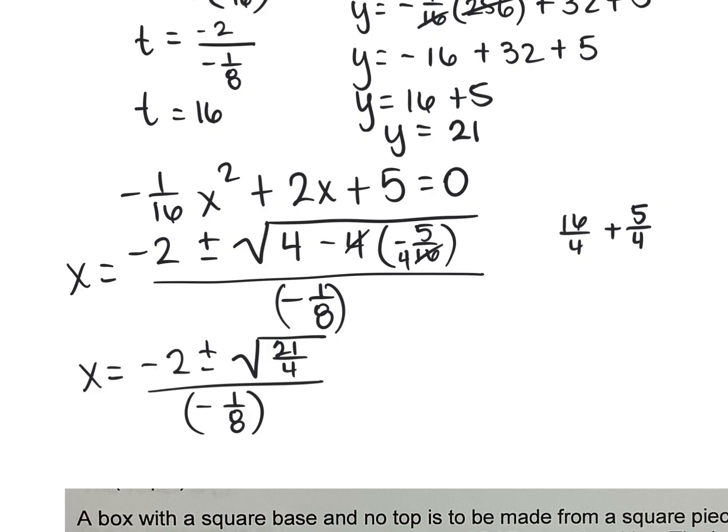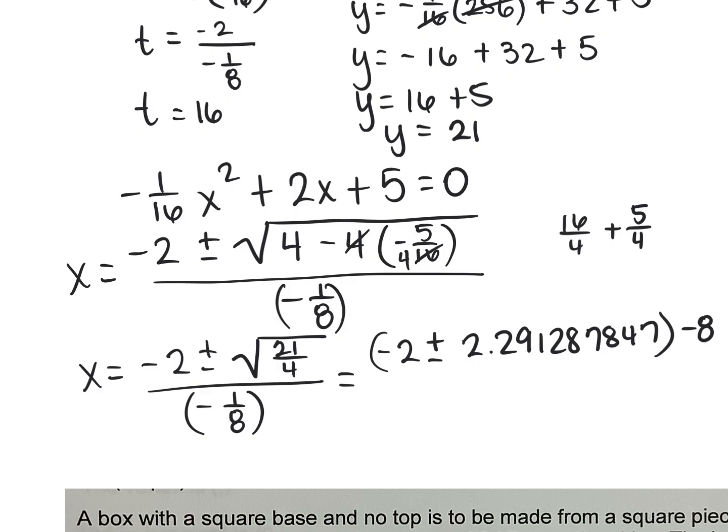So these are usually going to let us allow decimal values. So I'm going to change all of this into decimals. So I have negative 2 plus or minus, and then the radical turns into 2.291287847. And I'm going to be multiplying that by negative 8, because I'm going to keep it, flip it, change it. If you want to change that into the fractional version, you can do it whichever way you want. Again, I'm calling it an x-intercept.